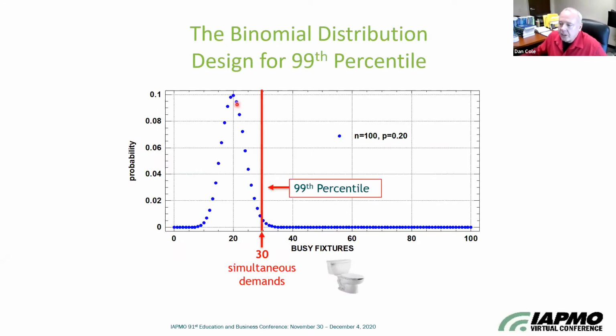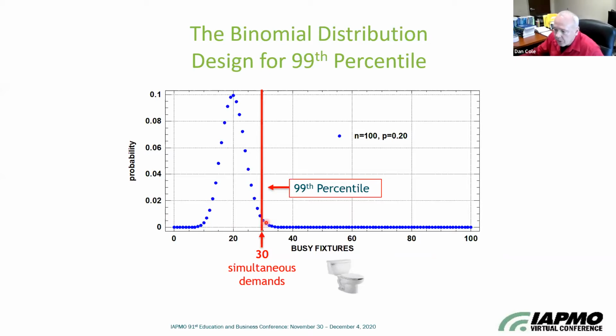What he did is, instead of the 50th percentile, he chose the 99th percentile. And what that means is that there is only a 1% chance, because if you go over to the y-axis, that's 1%, 0.01. There's a 1% chance that more than 30 fixtures will be on at the same time.